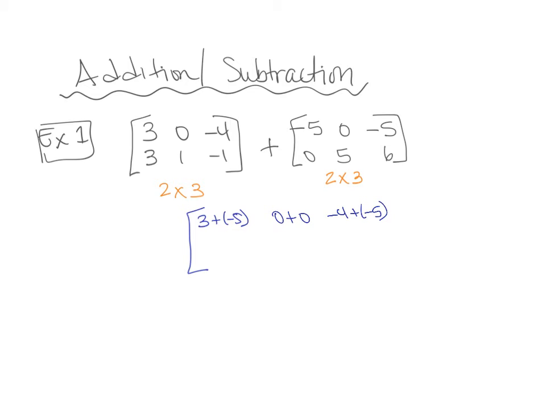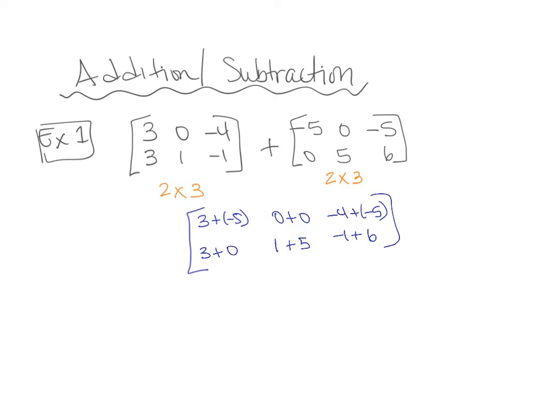I use the same process on the second row. Second row, column 1, plus second row, column 1. Second row, column 2, plus second row, column 2. And the last entry is second row, third column, negative 1, plus second row, column 3, 6.